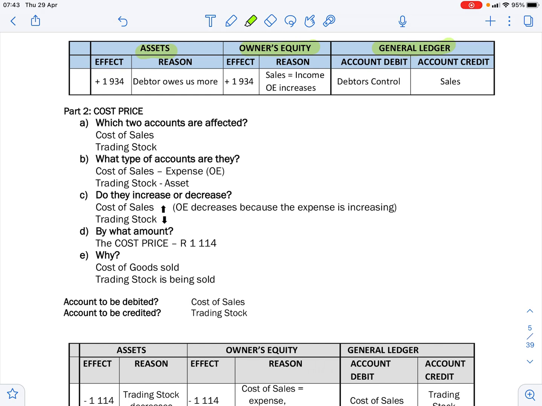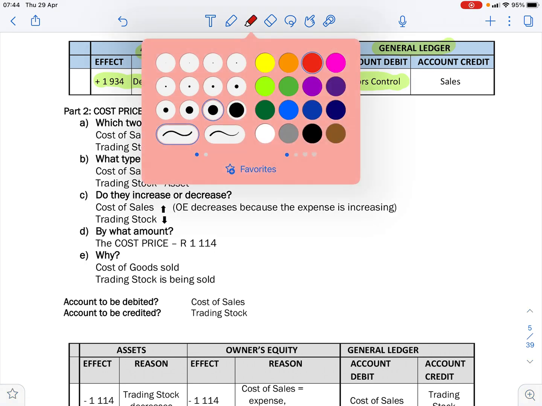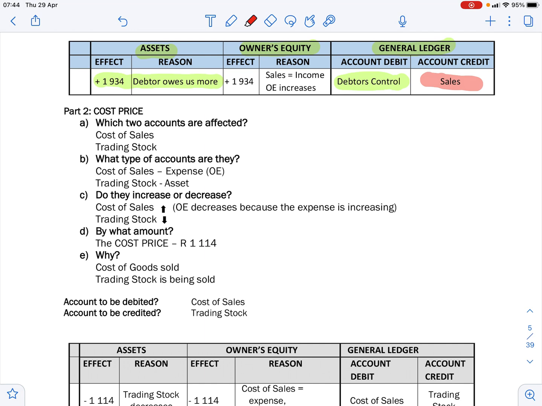Okay, so if we look at part 1, debtors control is an asset, so we debit it, and our debtor owes us more, so it's a plus 1934. We then have sales, which is an income, which increases on the credit side according to AE Oil, and that affects owner's equity.